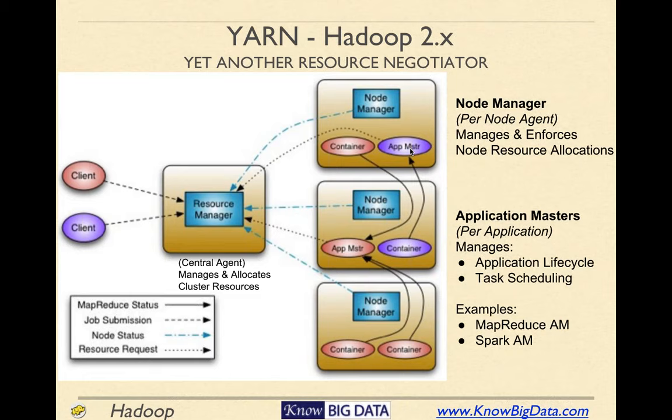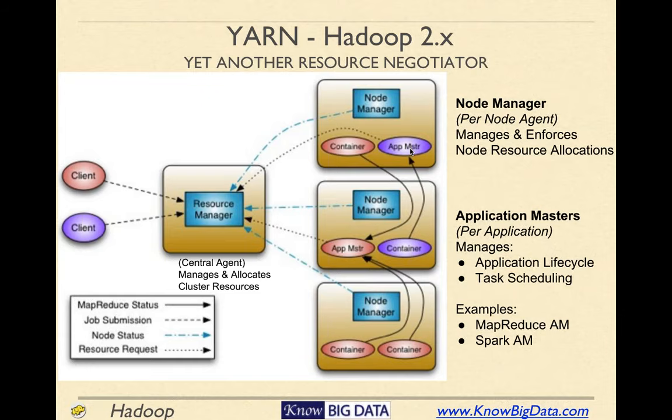For example, there's an application master for MapReduce, there's an application master for Spark, and so on. So the application master is kind of the representative of the framework which we are using. If a client wants to use some fresh framework which is not there on Yarn, they can submit their framework along with that, and that framework will be run as an application master.